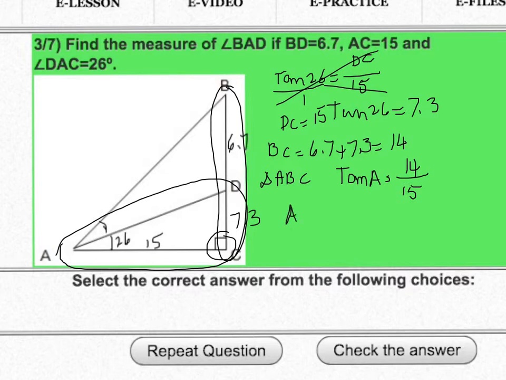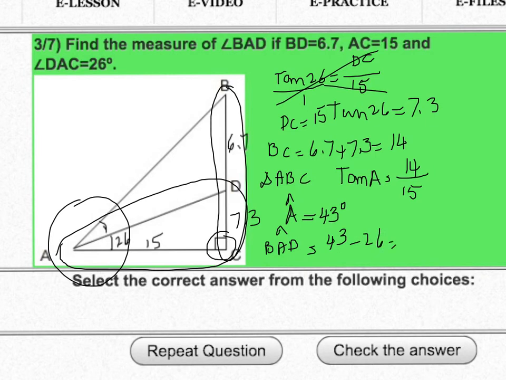From here, if you use inverse tan, you will find angle A is equal to how much, Danny? 43 degrees. Now, I know angle A, this big angle is 43, and the smaller one is 26. So if I subtract these two, I'm going to find angle BAD. So I say BAD is equal to 43 minus 26, which is going to be 17 degrees. Why didn't you get 43?